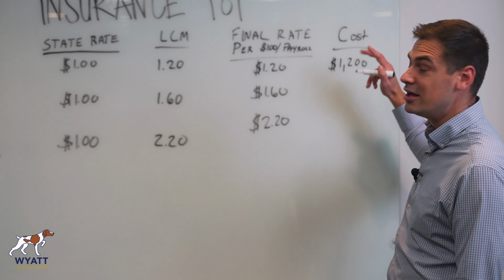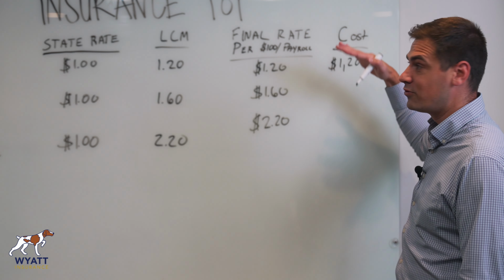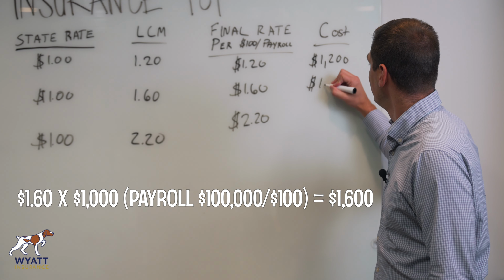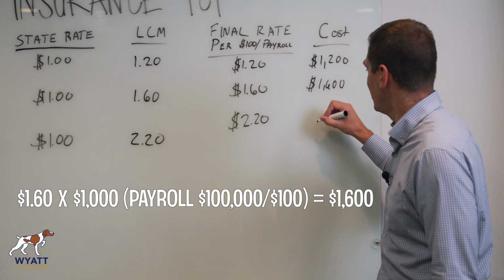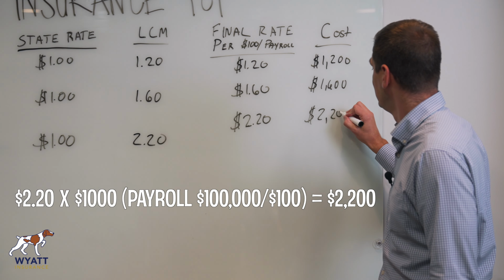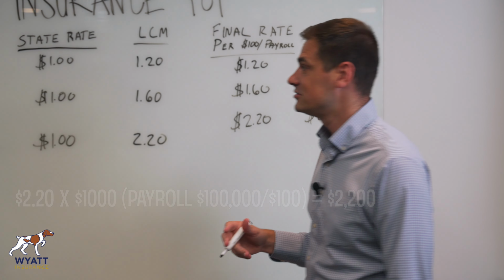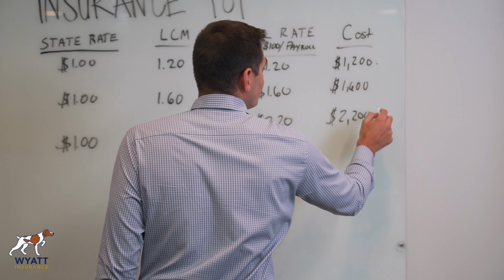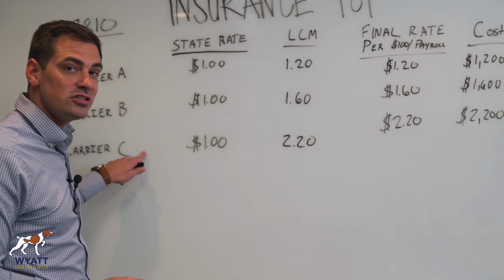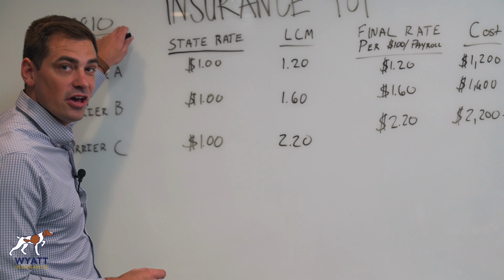This is just at the very top of your work comp invoice. If you're looking at that, that's what that's going to be. All right, carrier B is going to be $1,600. And then carrier C, $2,200. So you can see a huge difference between carrier A and carrier C charging for the same code.